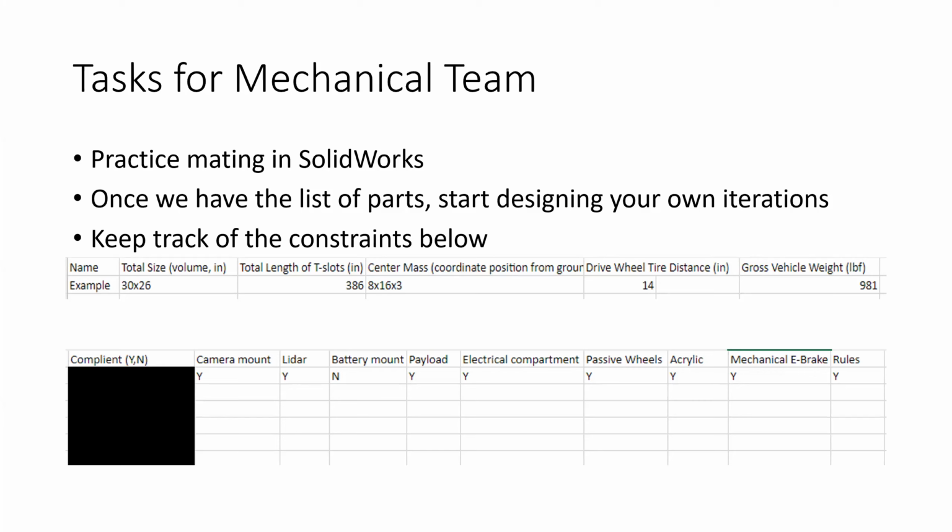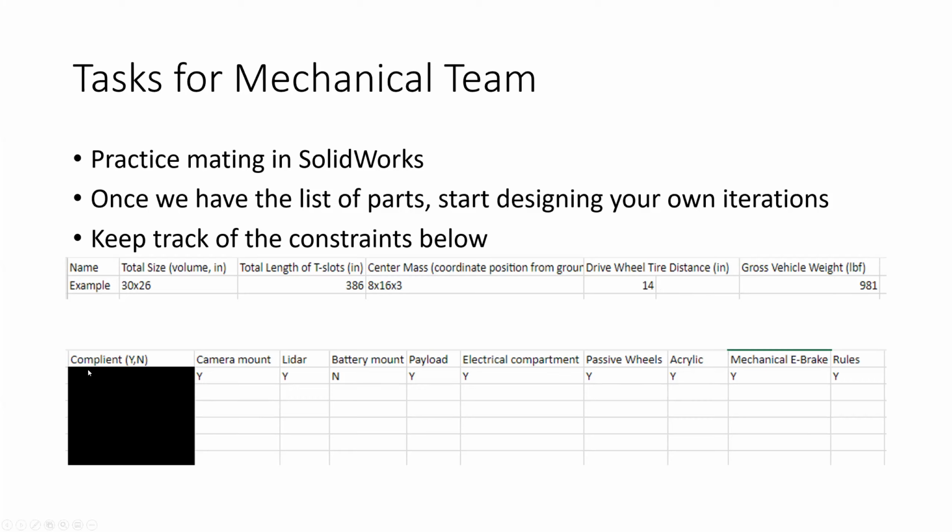When you build your iteration, I want you to keep track of certain things. For example, right here, you have the total size of the robot, the total length of T-slots, the center of mass, the drive wheel tire distance from each other, and the gross vehicle weight. If you're confused on that, don't be afraid to ask for help. I can help you guys out.